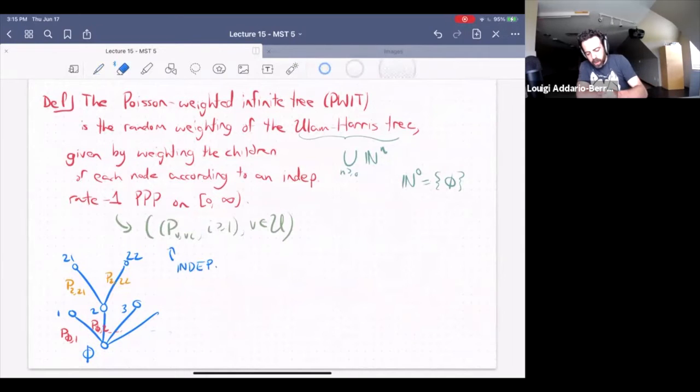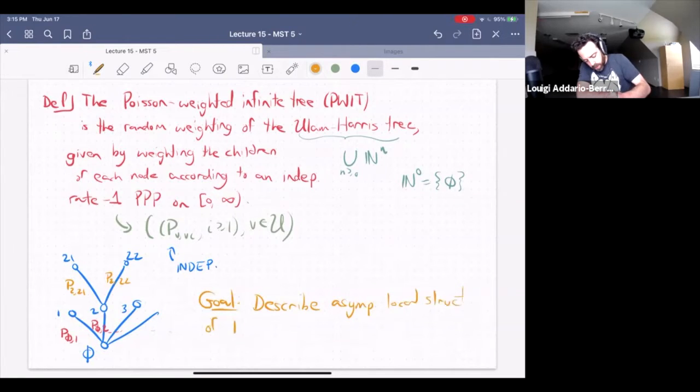Okay, and so the goal of this lecture and the next, I guess, is to describe the asymptotic local structure of Tn in terms of this Poisson weighted infinite tree, or really of its minimum spanning forest of that Poisson weighted infinite tree. Okay, and here I should say the wired minimum spanning forest.